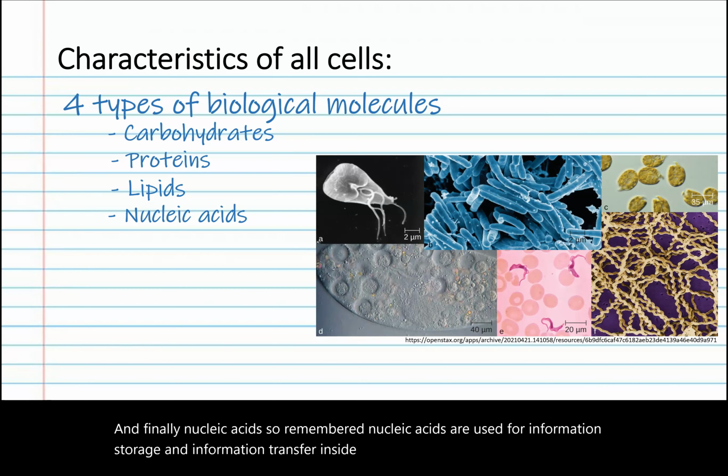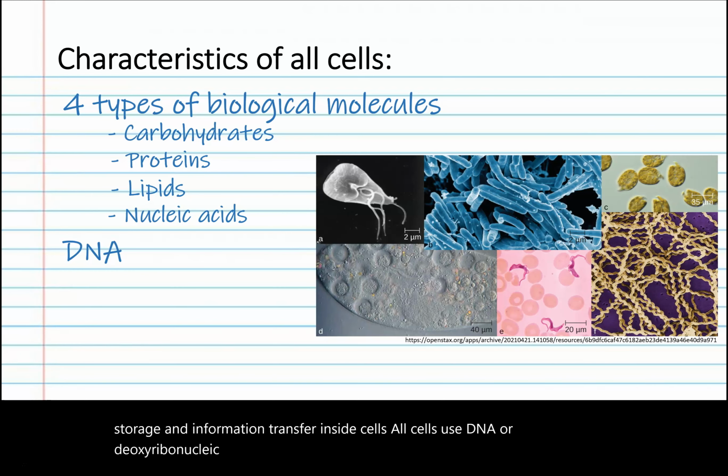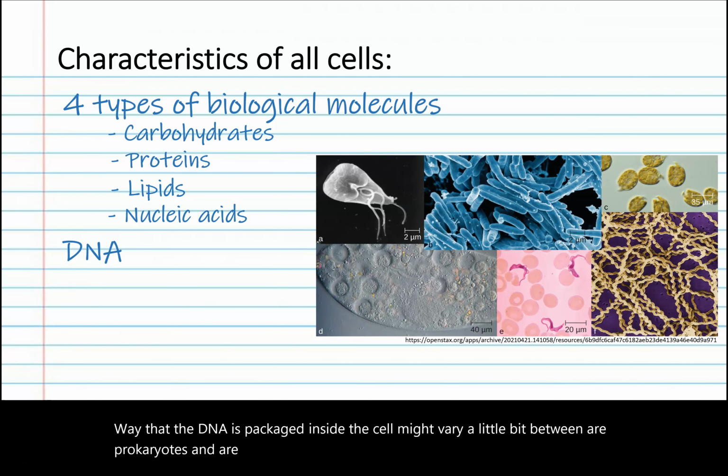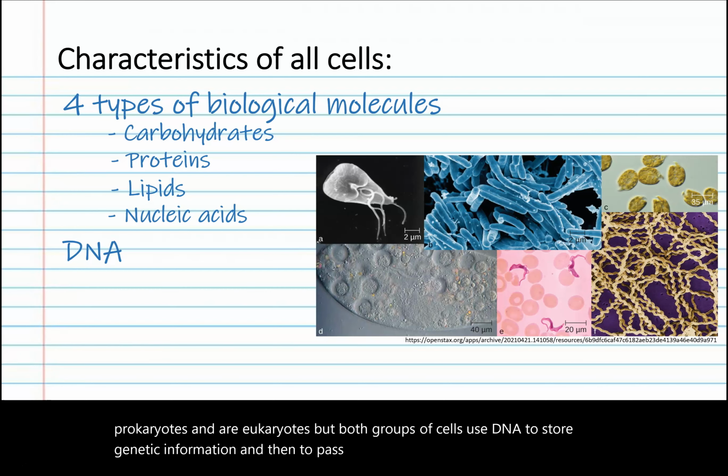All cells use DNA, or deoxyribonucleic acid, to store genetic information. The way that the DNA is packaged inside the cell might vary a little bit between our prokaryotes and our eukaryotes, but both groups of cells use DNA to store genetic information and then to pass that genetic information down to their offspring.